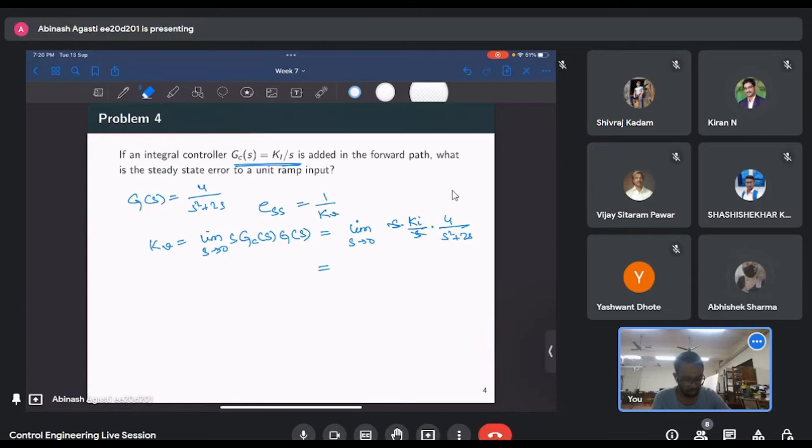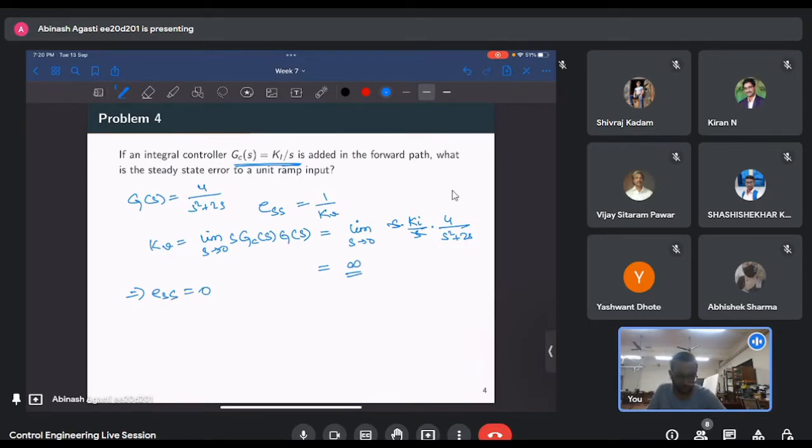Ki is equal to 4, so infinity. Yes, this is infinity because the s that we had is cancelled and we have an extra s. So the velocity error constant is infinity. This implies the steady state error is 0 for a unit ramp input.